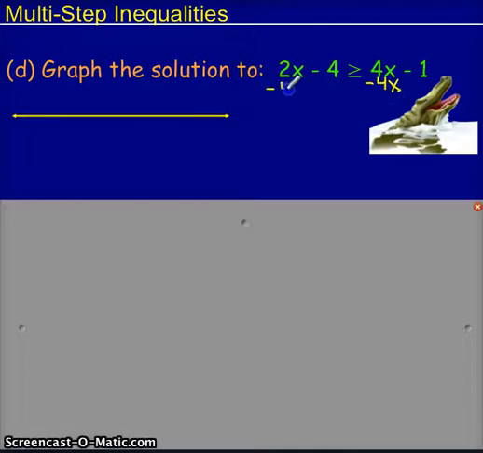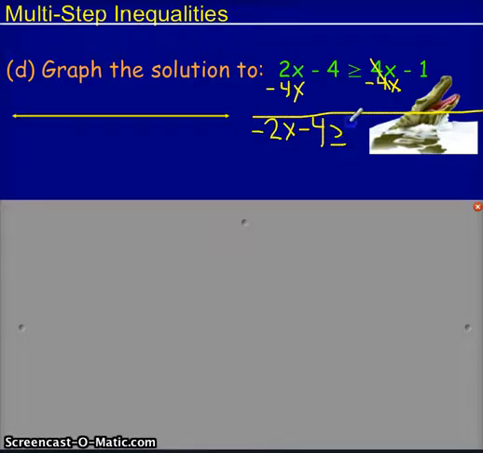Minus 4x on this side. Okay, so on the right side, 4x minus 4x cancels out. And on the left side, 2x minus 4x is negative 2x. And then I have minus 4 is greater than or equal to negative 1.